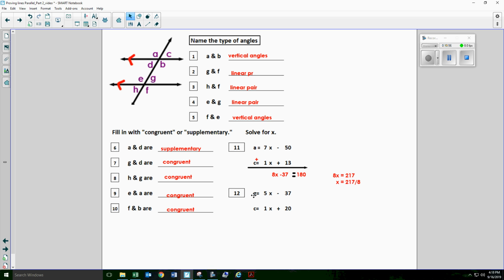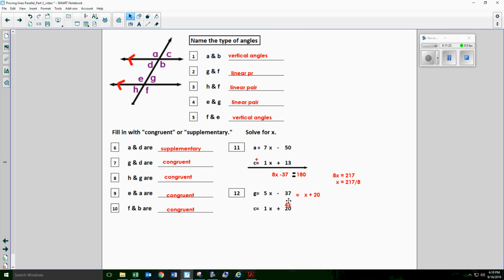All right, G and C, how are they related? G and C, they are corresponding, so that means they are congruent or equal. So now I set each one of these equal to each other, and I have x plus 20. How do I solve that? Bring the smaller coefficient over to the big one, so subtract 1x across, and I get 4x.